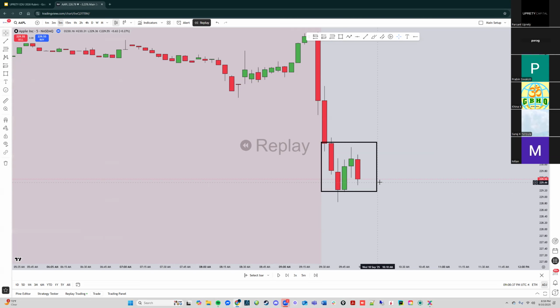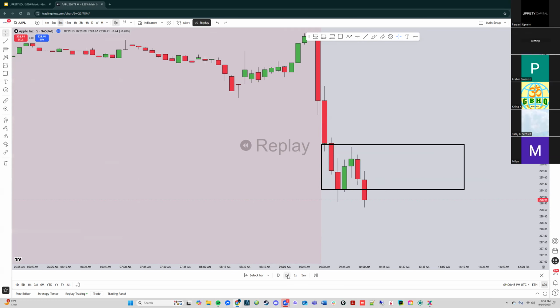So for price to do anything, we have to move past this box, or this rectangle. Once again, we have the wick at the top.